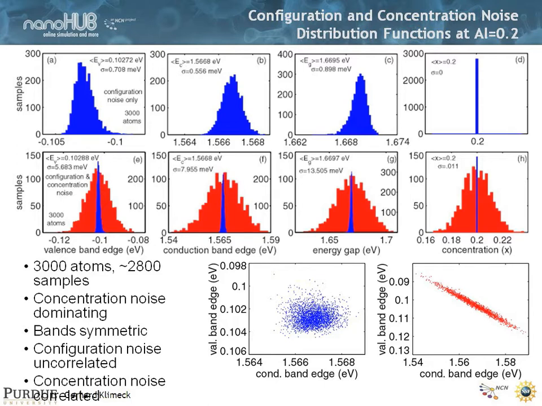If the conduction band goes up, the valence band goes down, and the band gap gets larger or lower depending on what the concentration is. It's correlated. That's nice. It's kind of intuitive. But within each concentration, it's uncorrelated.